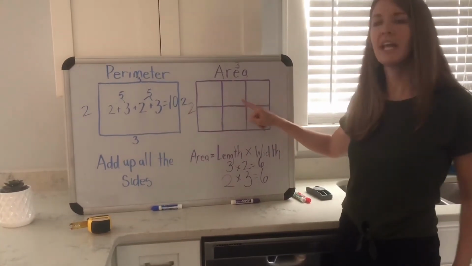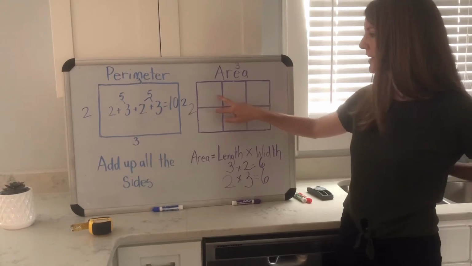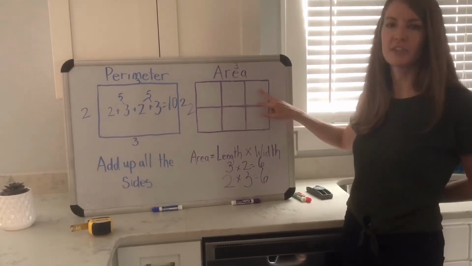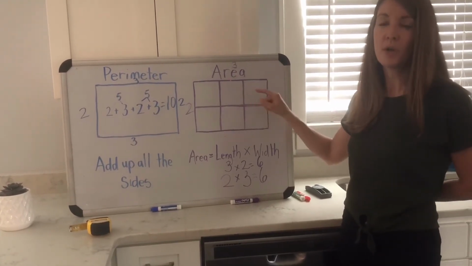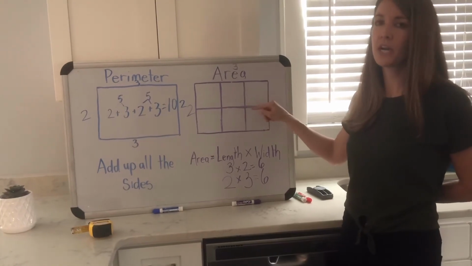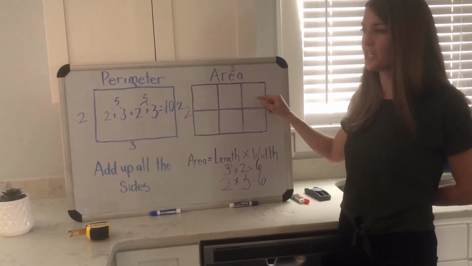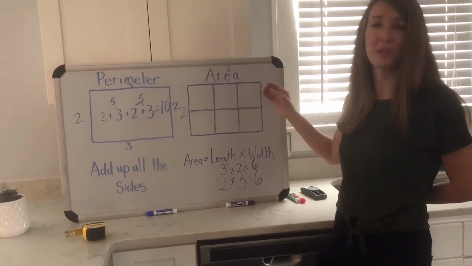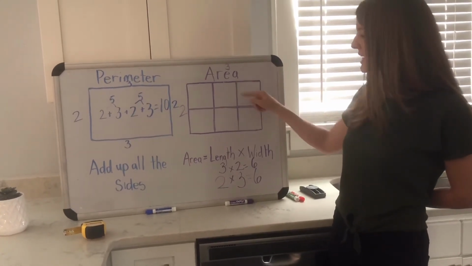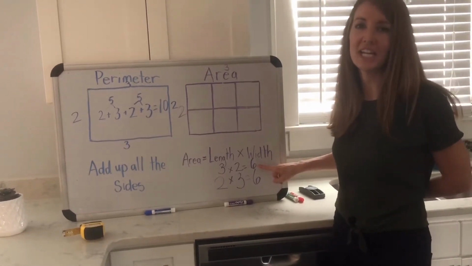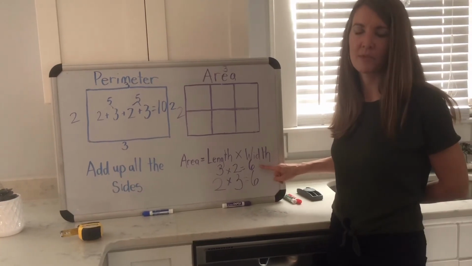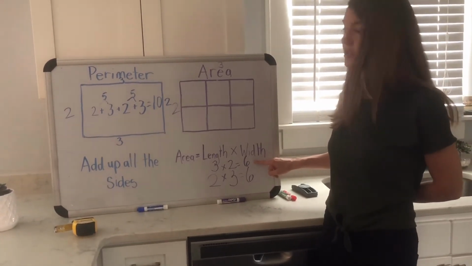When we're measuring area, however, we are talking about measuring the squares of the inside of the shape. We are going to call this square units. So if you are measuring this yard in inches, which would be a very tiny yard, it would be 6 square inches. You're going to add that word square before your unit of measurement.